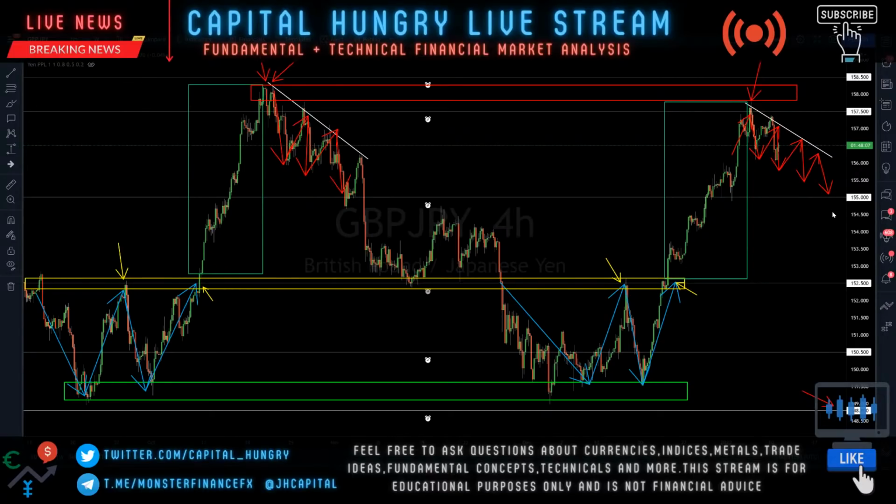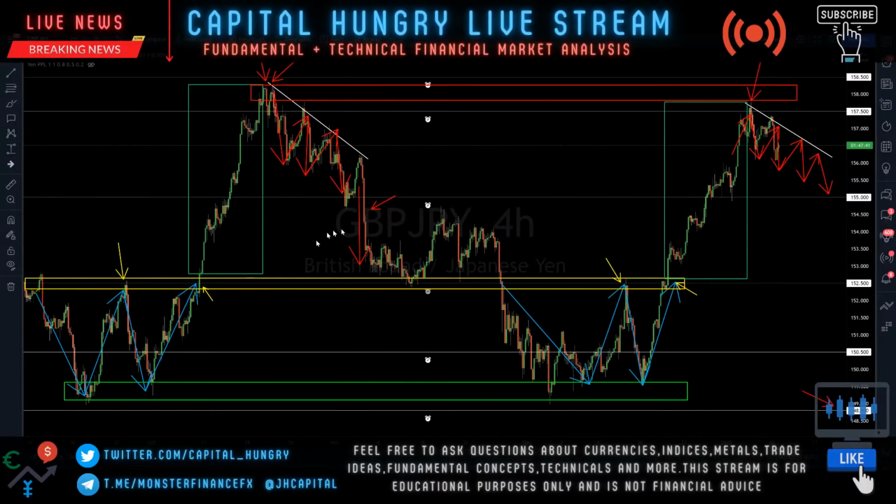The only difference here is that this impulsive drop to the left here came from Bank of England not increasing interest rates. At the last Bank of England rate decision meeting, they went against expectations and didn't increase interest rates. This led to a devaluation of the currency in the short term in this impulsive move.